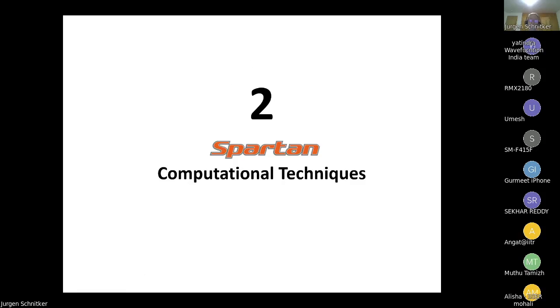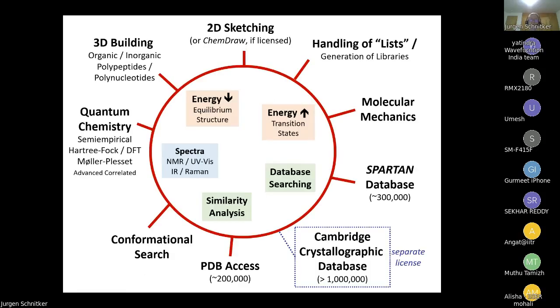Okay, computational techniques, a few more minutes, and then let's start with the program. Computational techniques, here's a summary in one slide. First of all, you need to have a model. Unless you get the model from somewhere else, you would create the model. You have the option of 2D sketching. You can use ChemDraw if you have the license.